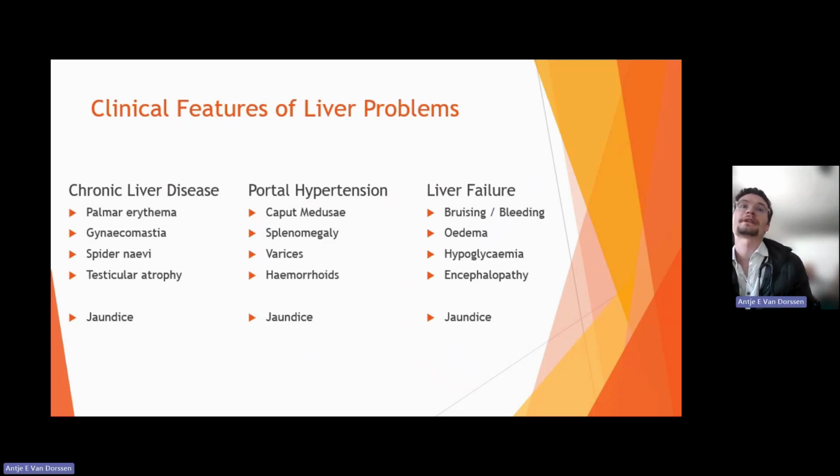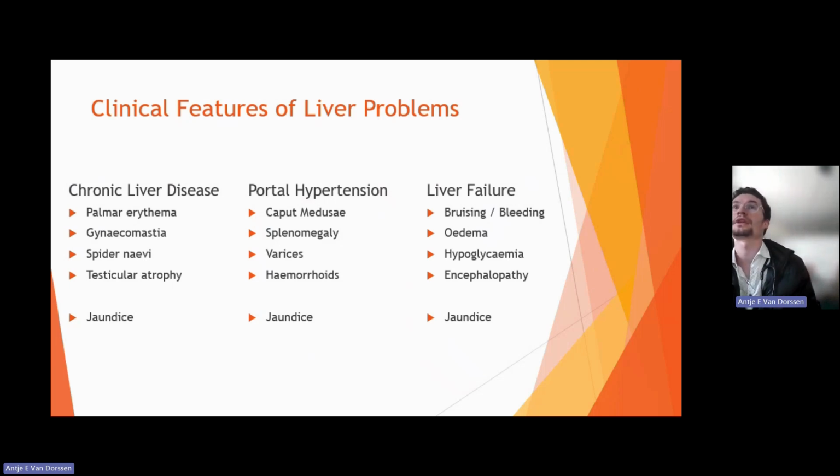Portal hypertension is then a consequence of some liver diseases, and that presents with caput medusae, so the big distended vessels across the abdominal wall. You can look on the patient and see which way the vessels drain to help decide if that's pathological or not.